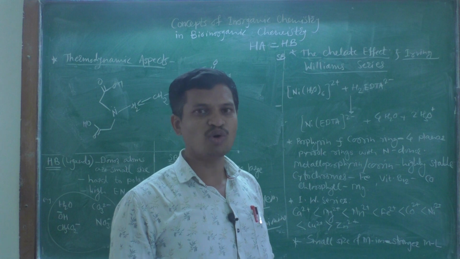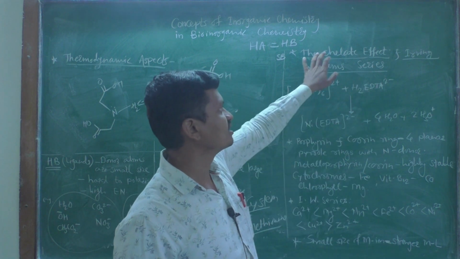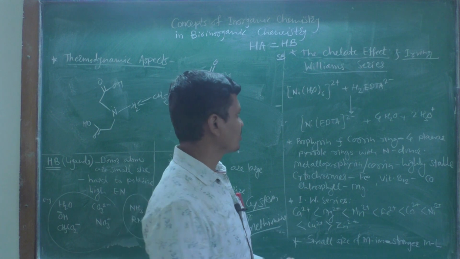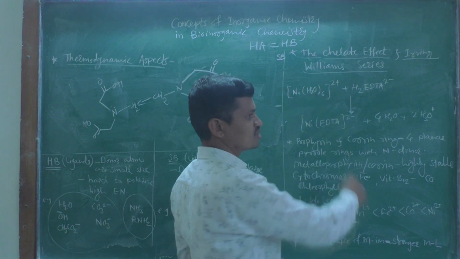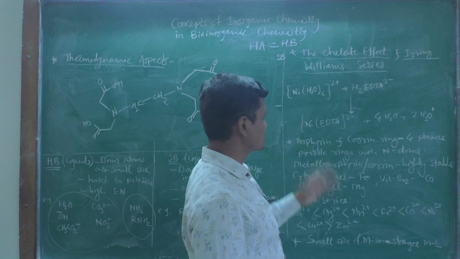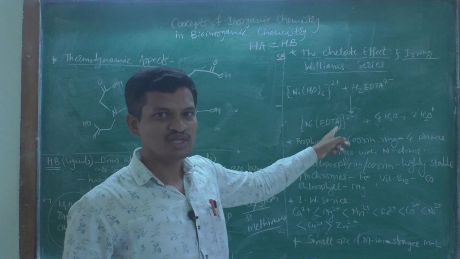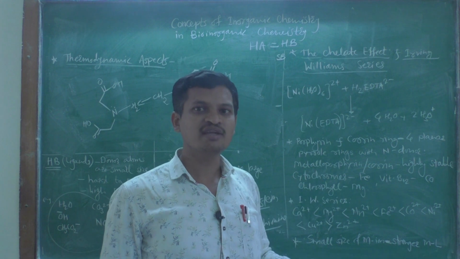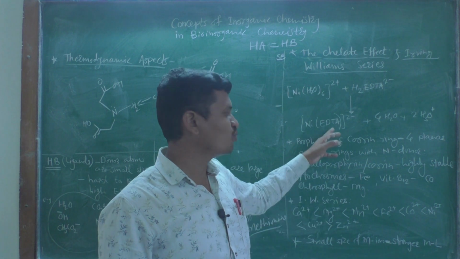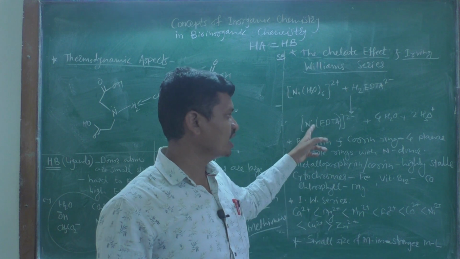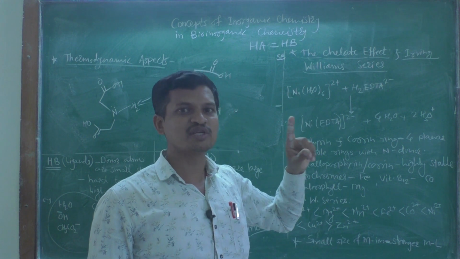Why is it so? The reason is the chelate effect. Now how can we explain that all these water ligands are substituted by this one EDTA ligand? Because EDTA is a hexadentate ligand, and one EDTA molecule can combine with one nickel 2+ cation.